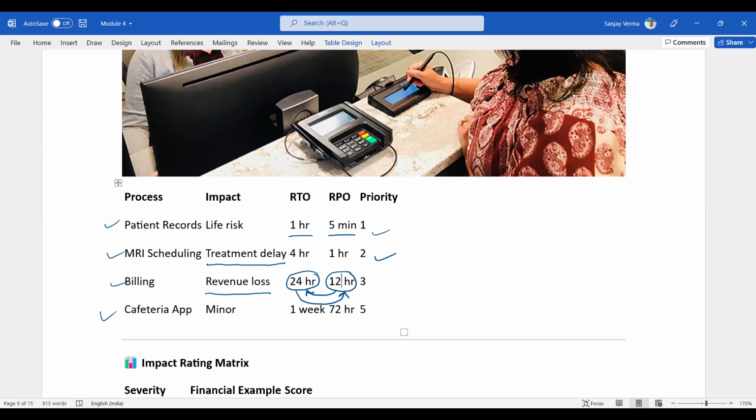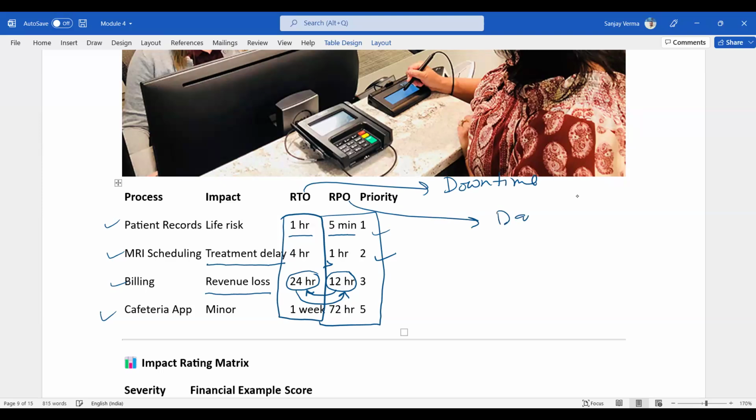So that is why you will see all these numbers greater than this number, correct? The reason is recovery time objective is basically downtime. Recovery point objective is data loss. So data loss is more critical. We don't want to make longer data loss. Otherwise, you will lose your business. You will lose life.